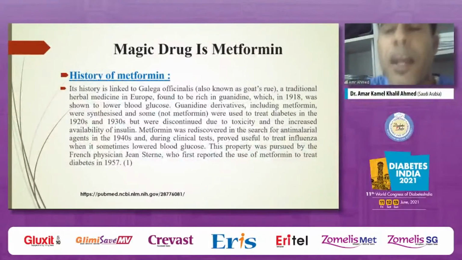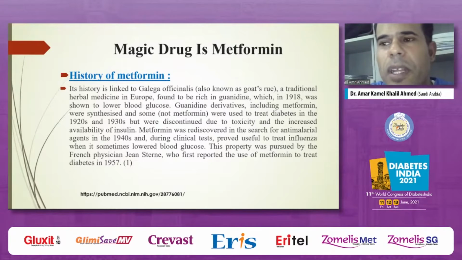Now we speak about a very important, cheap drug: the history of metformin. Since the 1920s it was used as an antiviral, like for influenza, and as an antidiabetic, and then forgotten because of the discovery of insulin, but it came back into usage in 1994 when the American FDA approved it.